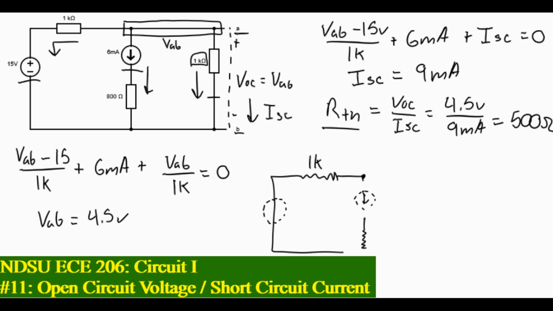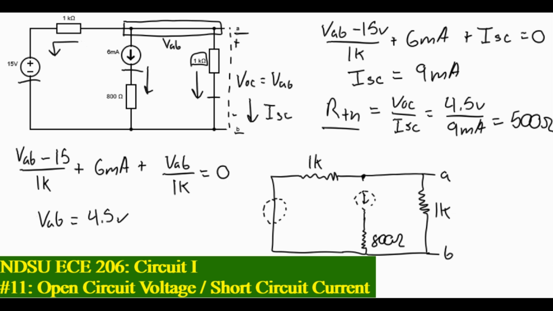We have our resistor here, but this is opened. It's our 800. Our last component, another 1K. Let's not forget our terminals A and B.